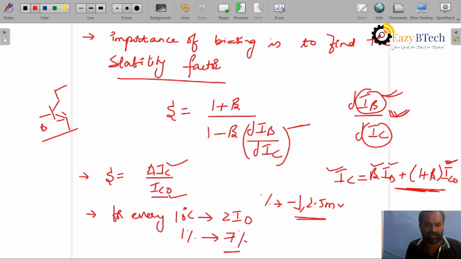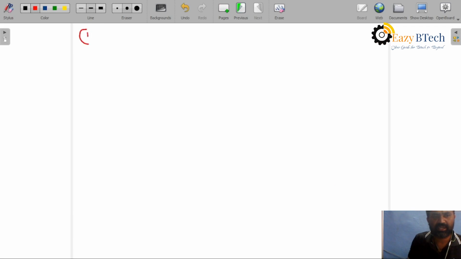This will affect. That is why, to find out the biasing, the stability factor plays a very important role. Okay, students, and for the different kinds of circuits, we will find out this stability factor. Okay, students, we just go through it. The first is the fixed bias circuit.